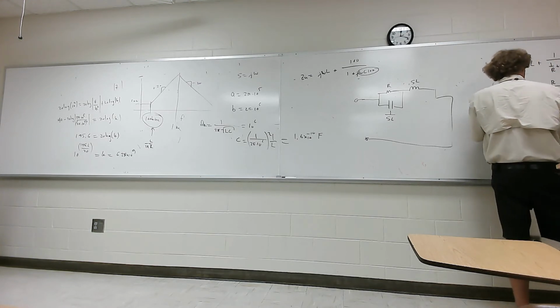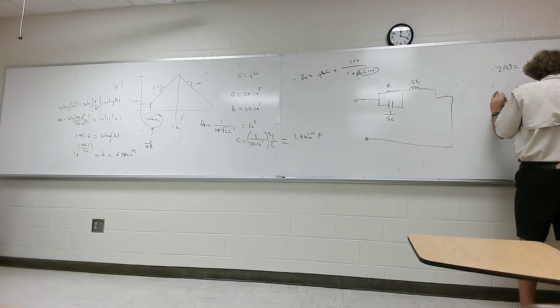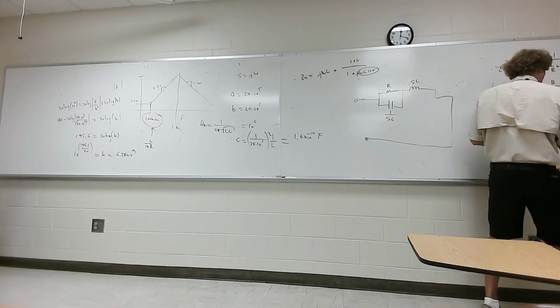Then I need a common denominator. So I have SL times 1 plus SRC, plus R, all over 1 plus SRC. It's gonna be equal to my Z here.